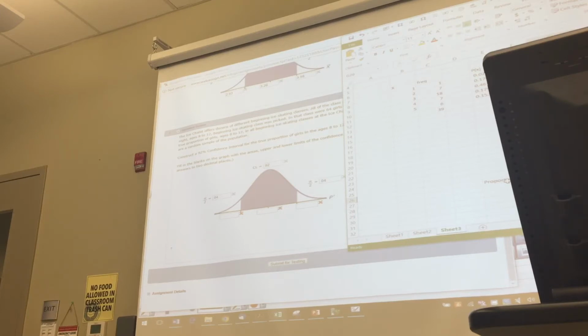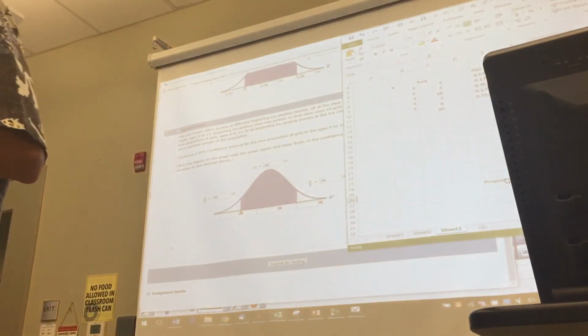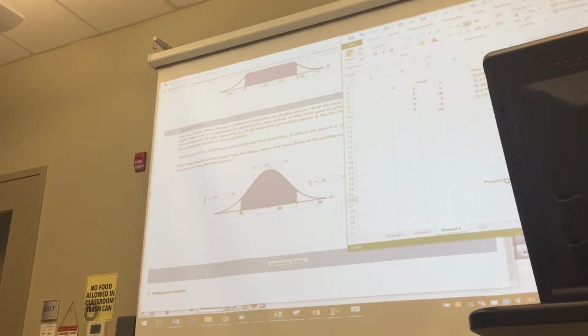We know that there's 64 girls out of how many children? 80. I had that wrong. So my proportion is 64 divided by 80, which is 0.8.